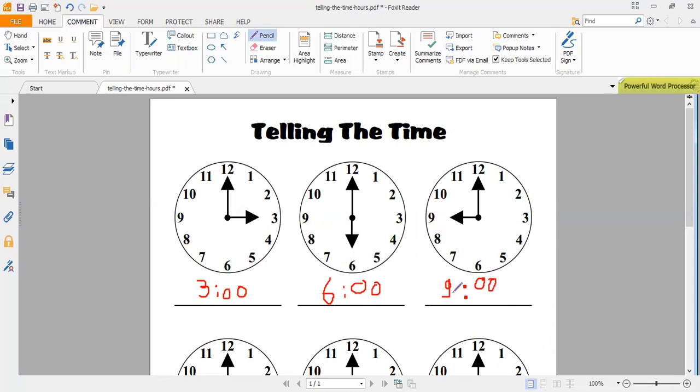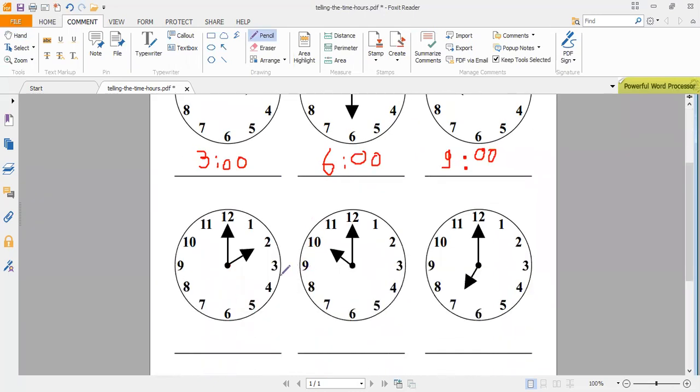We can read this as 9 o'clock. And this, the hour hand pointed to 2, which means I'm going to write 2 and two dots. The minute hand refers to 12, which means I'm going to write two zeros. We can read this as 2 o'clock.